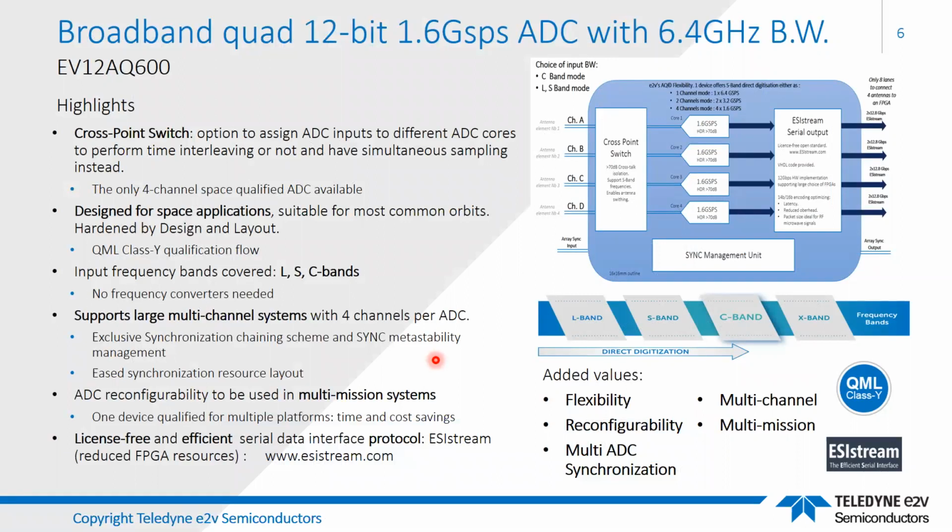It's very flexible, so that you could have 4 channels at 1.6 gigasamples per second. You can interleave 2 of the ADCs inside the device and get effectively a 2-channel system at 3.2 gigasamples per second. Or you could interleave all 4 and you get a 1-channel ADC at 6.4 gigasamples per second.